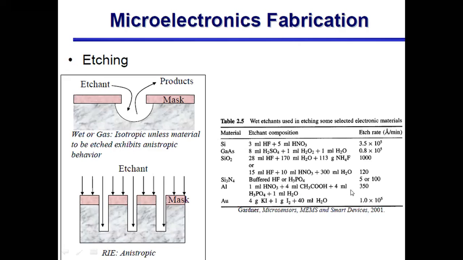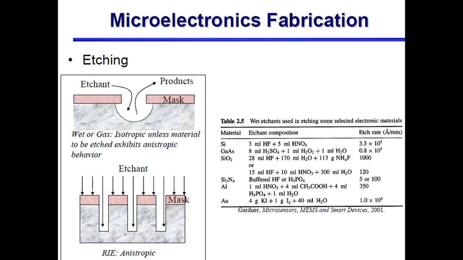The etch rate is 350 angstrom per minute. Gold: 4 grams potassium iodide plus 1 gram iodine plus 4 ml water, and the etch rate would be 1 into 10⁴ angstrom per minute.